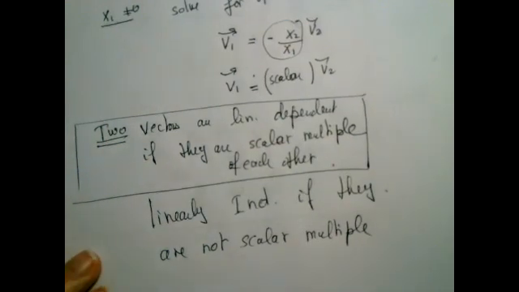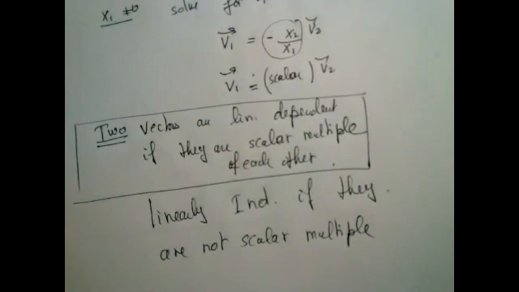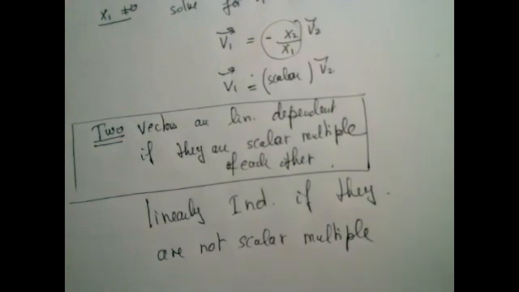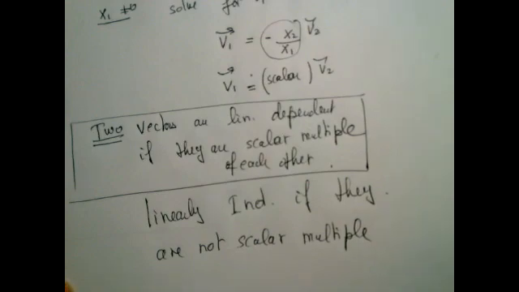Okay, so a very simple example. Now I'm going to take two vectors and you have to tell me, are they dependent or independent? Only two vectors, not more than that, because otherwise it becomes fairly complicated.